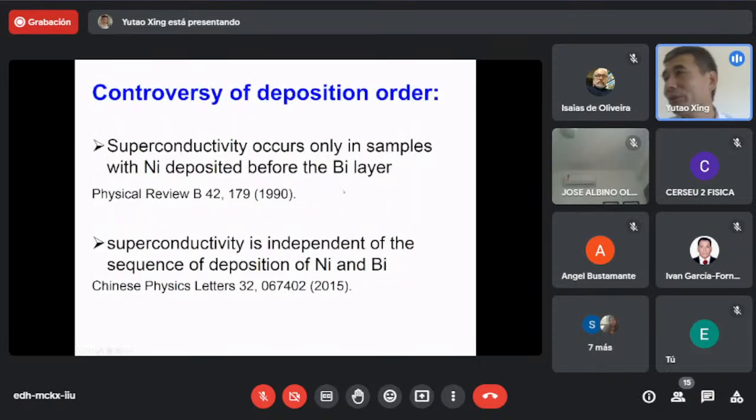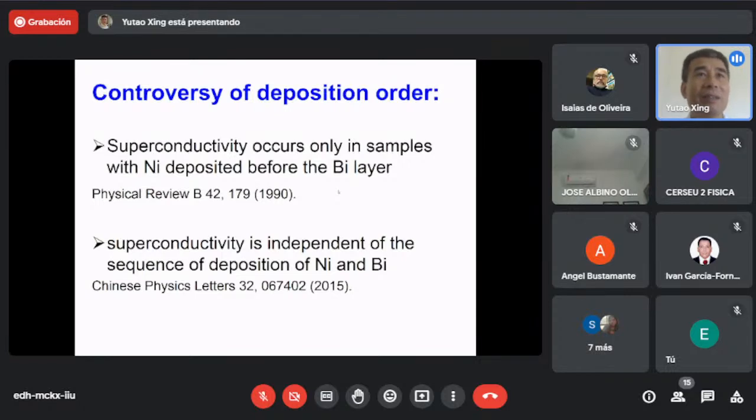Of course, this is our first experiment to show that the origin of the superconductivity is from the reaction of nickel and bismuth. Of course, there are also many other problems. For example, the controversy of deposition order.